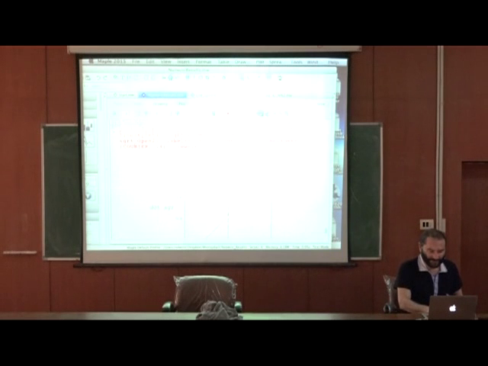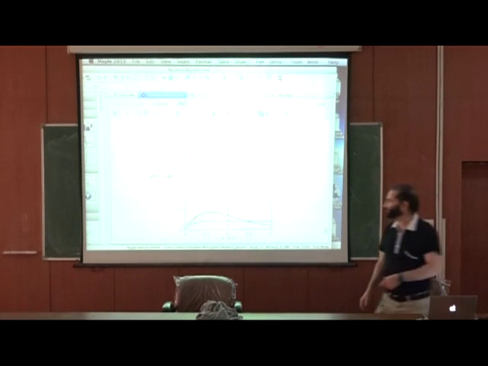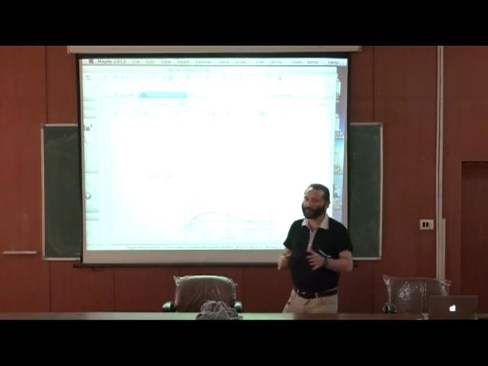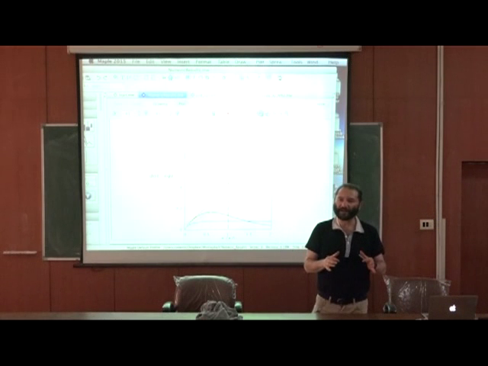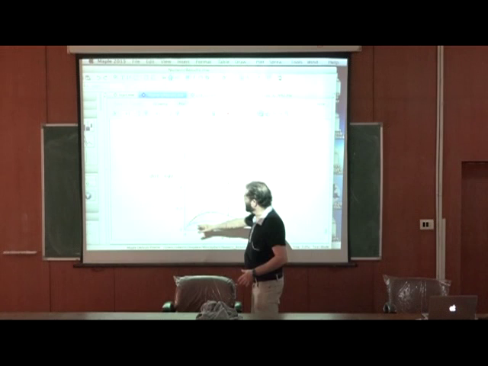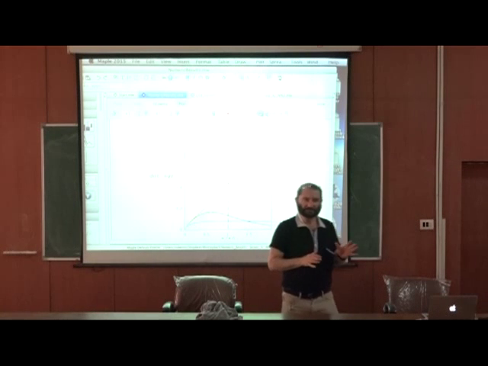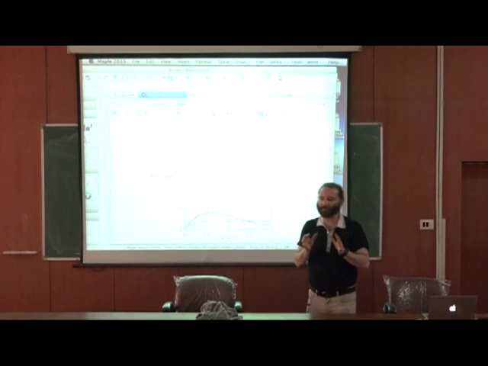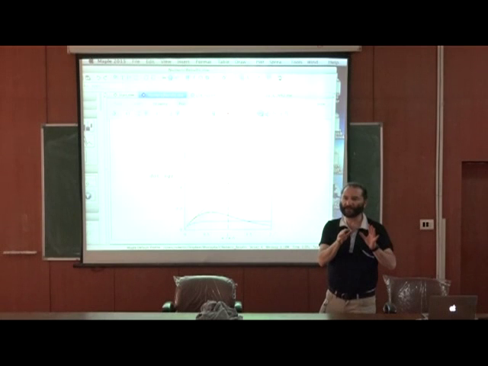Then this is the behavior of entropy production, gravitational entropy production. You can see how the suppression factor is strongly tied to entropy production. This is the gravitational entropy, which I hope to be able to explain tomorrow.